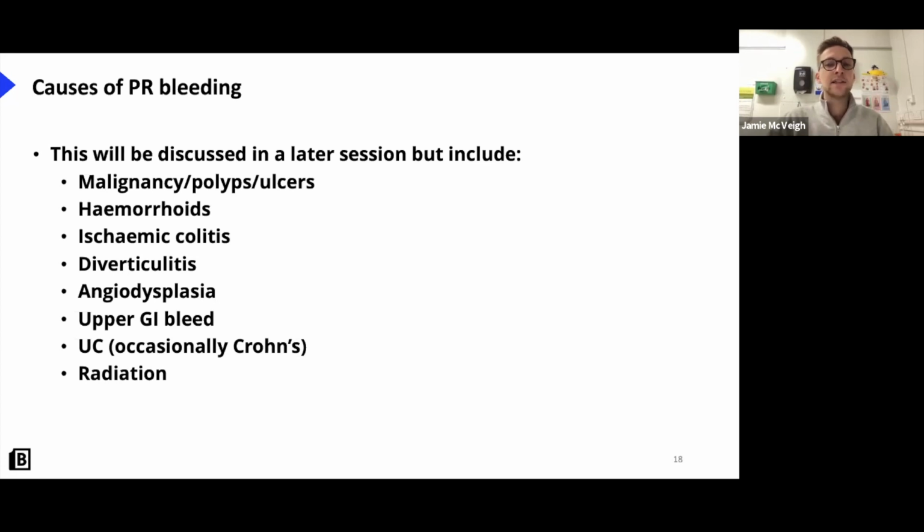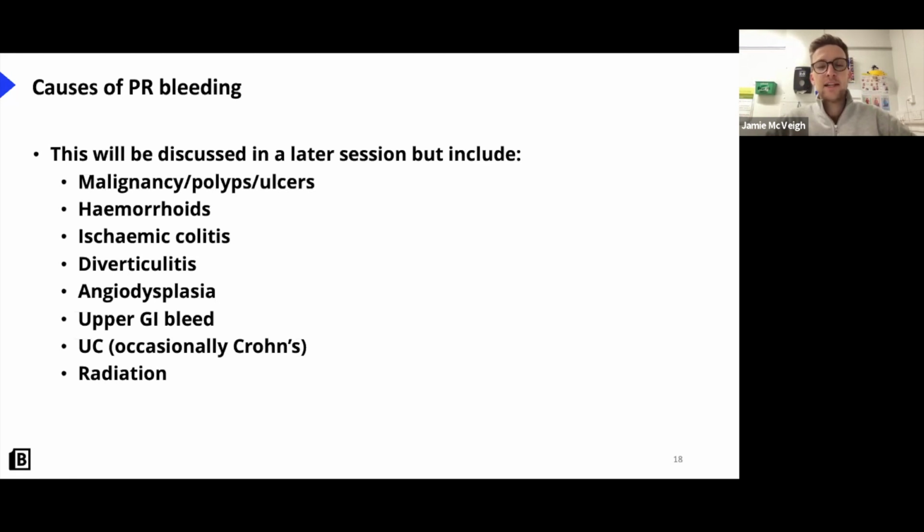The patient's likely to have had clots in the past and may well have AF, so worth doing an ECG on them. Diverticulitis, often in the past medical history, their inflammatory markers will be raised, and they'll probably have a bit of diarrhea as well, and some left lower quadrant abdominal pain on palpation.